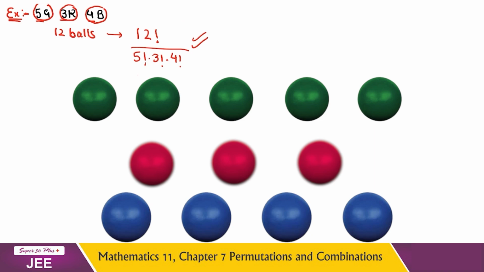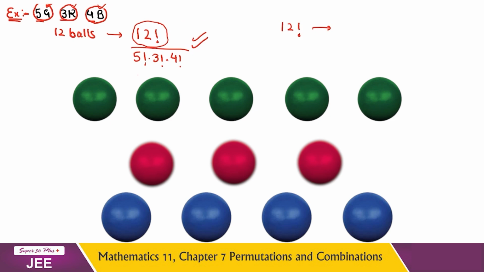Because you must appreciate the fact that in 12 factorial, each case must have repeated itself 5 factorial times due to green balls, 3 factorial times due to red balls, and 4 factorial times due to blue balls. So 12 factorial was an incorrect answer when not all the things are different, when some are alike.